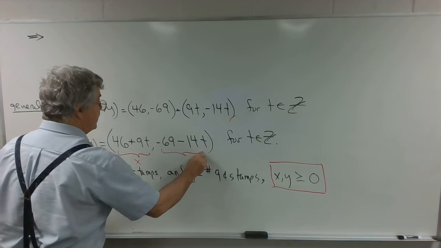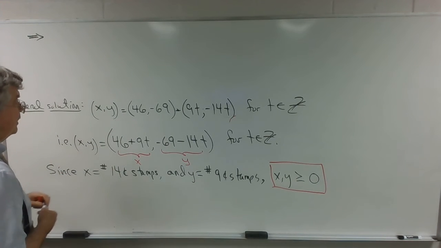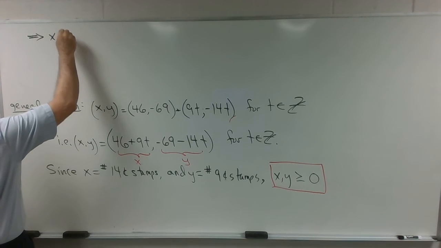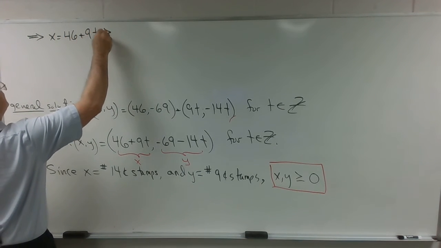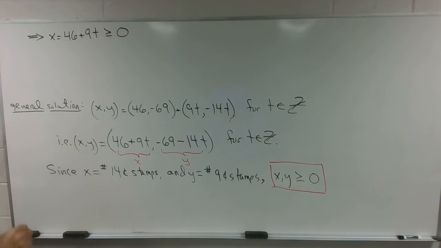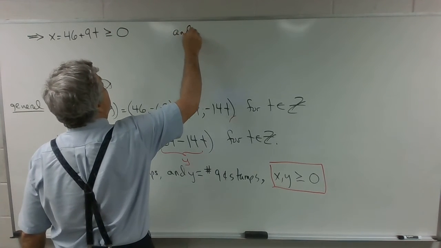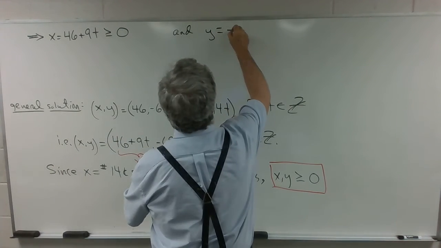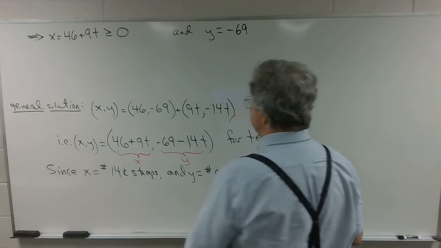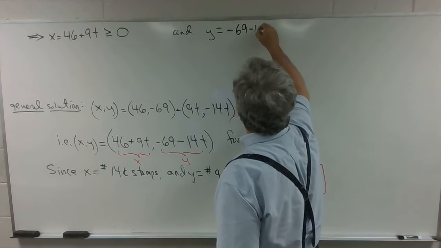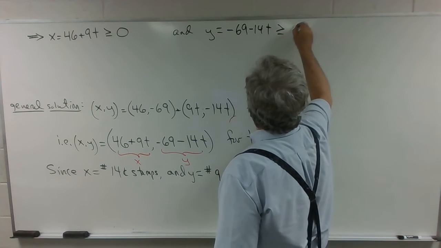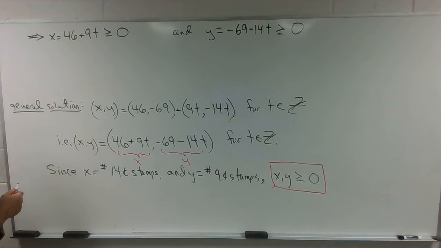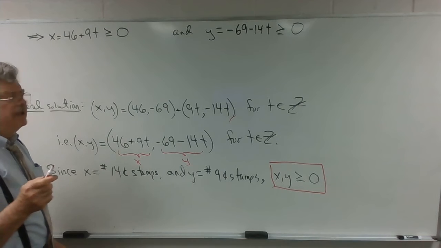Here's X, here's Y. So X, 46 plus 9t, has to be greater than or equal to 0. And Y, which equals negative 69 minus 14t, they both have to be greater than or equal to 0. So we'll see what values of t make this happen.